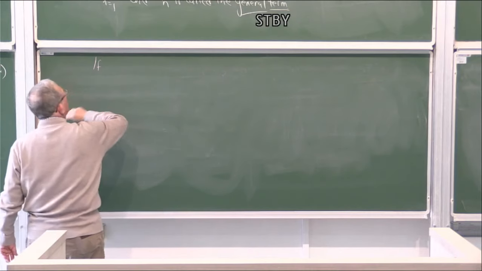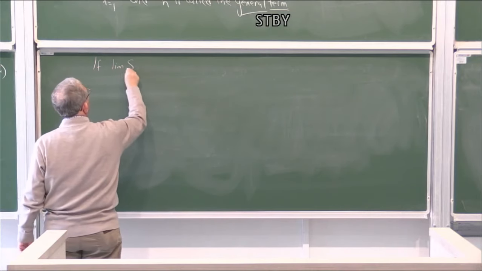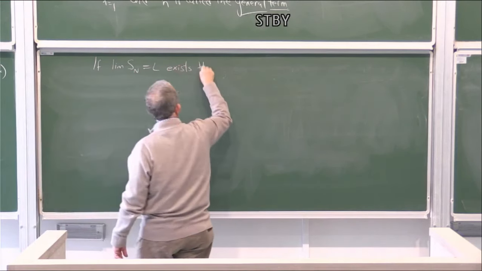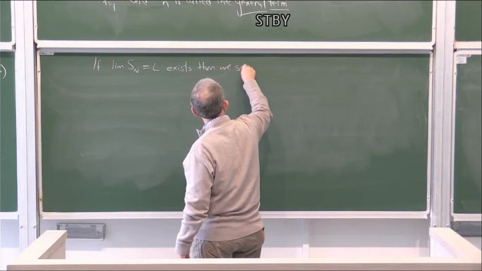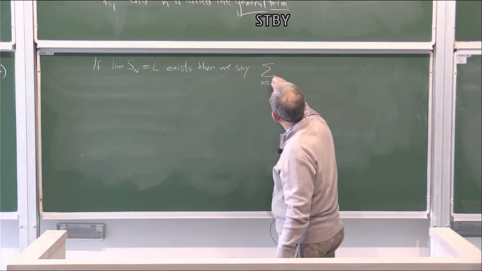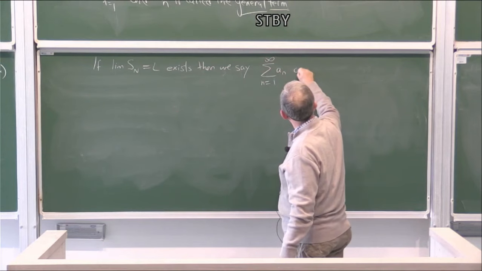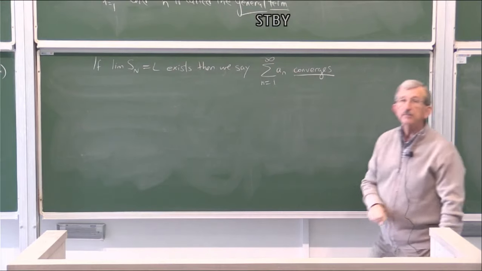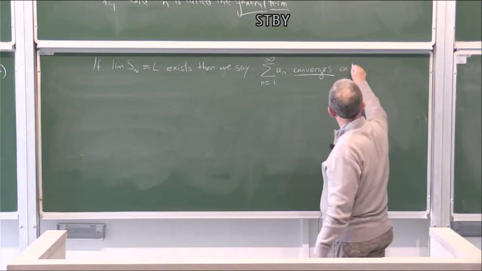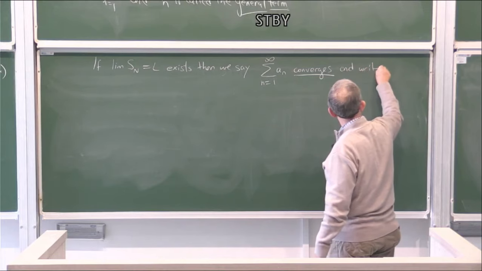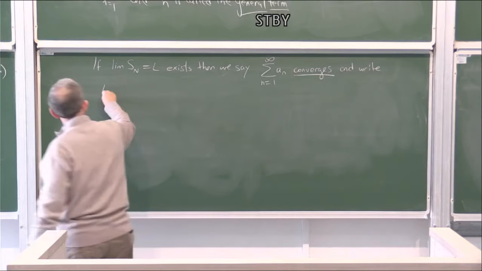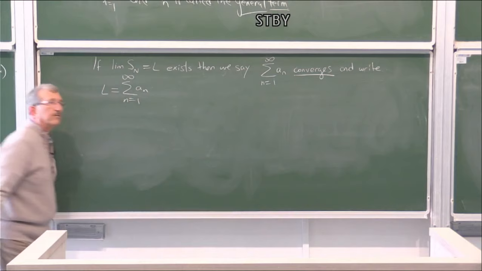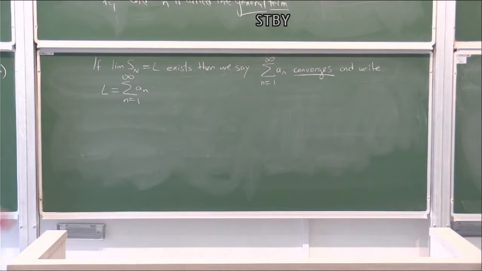So if the limit of Sn exists, then we say the formal series converges, as in the case of sequences, and write L is this infinite sum. Recall, it's the limit of Sn.